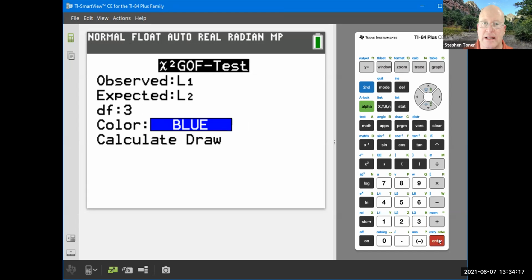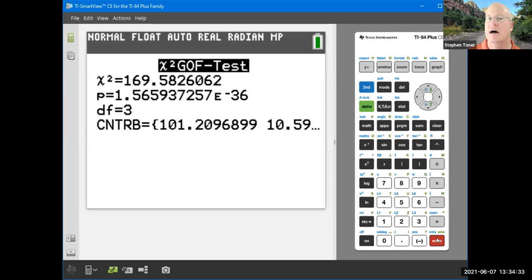It is 1 less than the number of categories. Since we had 4 categories in this problem, married, widowed, single, and divorced, we subtract 1 and get 3 for the degrees of freedom. Then when we hit calculate, out comes the chi-square and the p-value that we are interested in.